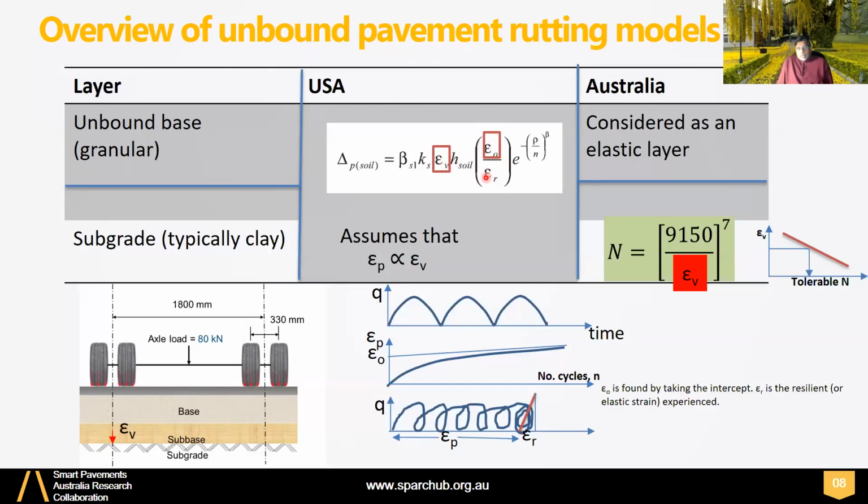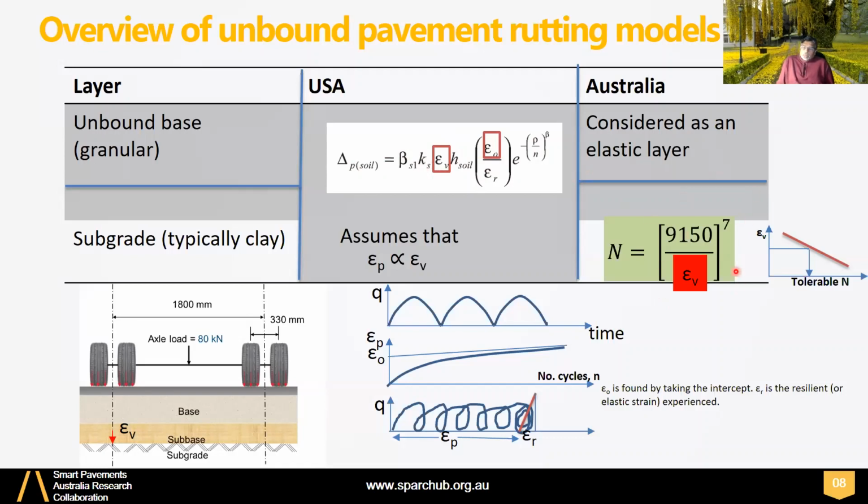They have a conversion factor. E naught is the rutting and ER is the resilient strain measured in the laboratory, right? When you do the RLT test, you can determine the amount of resilient strain and the corresponding plastic strain. So this ratio is the E naught over ER. So if you know that for this resilient elastic strain, you got this much rutting. In the field, I have this much vertical elastic strain, therefore the amount of rutting is scaled, and the height and other factors and the number of cycles are incorporated in that fashion.